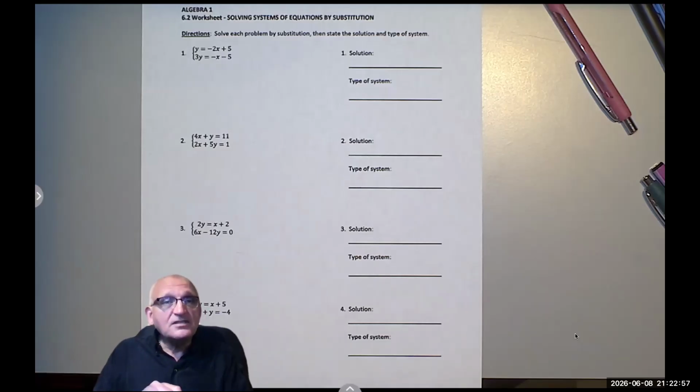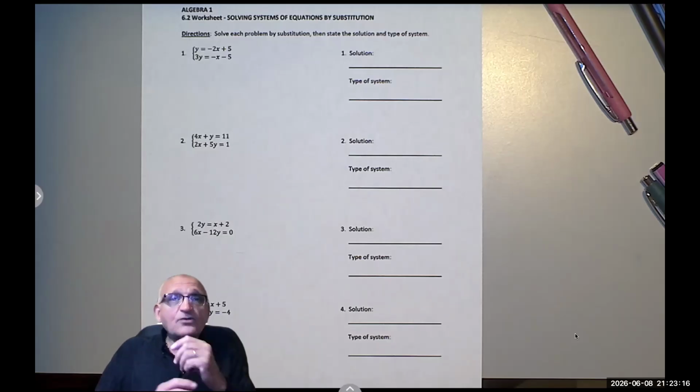We will learn in this course that usually there are three distinct methods of solving a system of two equations in two unknowns. The first one that we are going to cover today is called substitution, and we'll see why it's called that. The second one will be called elimination.